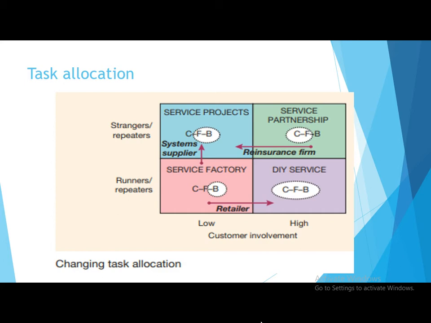Then a retailer. The retailer is moving from a physical presence in a shopping mall to also providing internet-based shopping. This represents a move from an organization largely focused on back-office functions such as purchasing and logistics to one that must add to this the ability to design the system and enable the customer to play an increasing role in the delivery system.